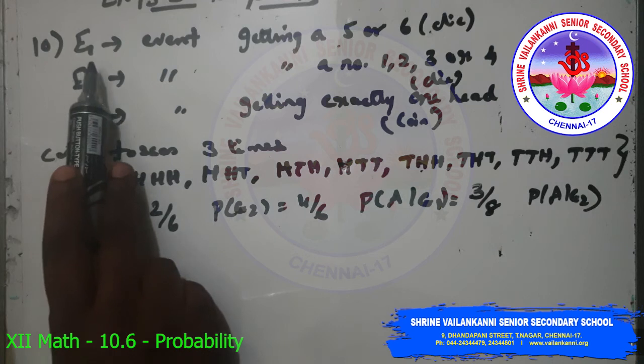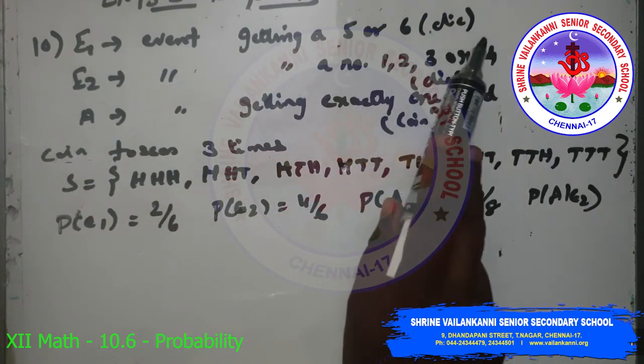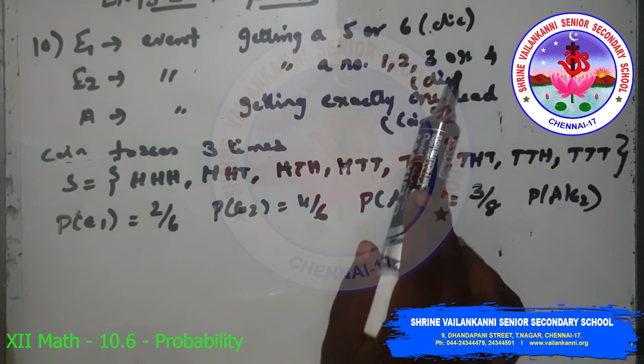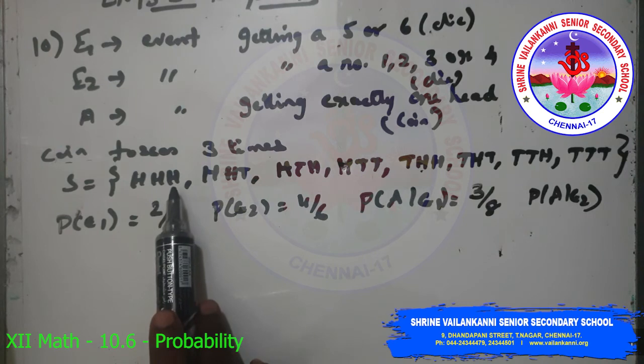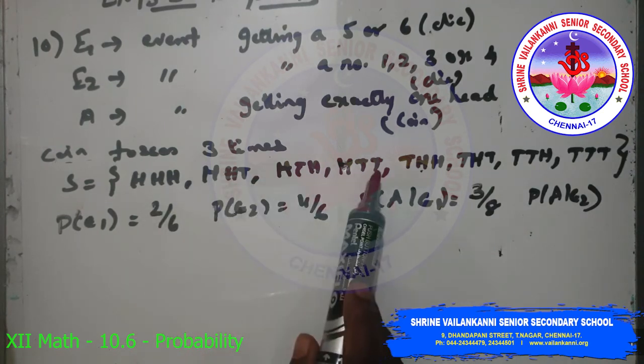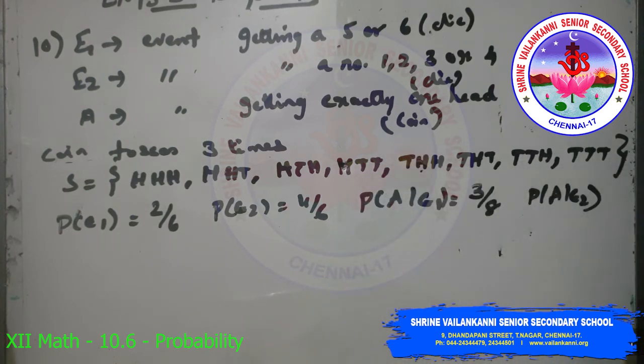An event E1 is the event in which getting a 5 or 6 on the die. If she gets 5 or 6 on the die, she tosses a coin 3 times. So when we toss 3 coins, we get triple H, HHT, HTH, HTT, THH, THT, TTH and triple T.